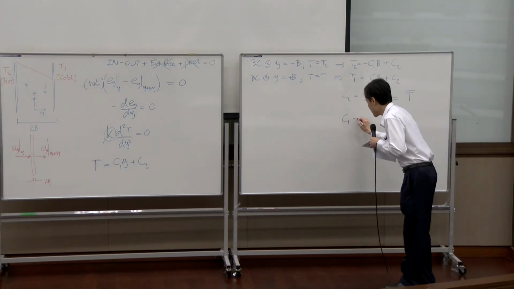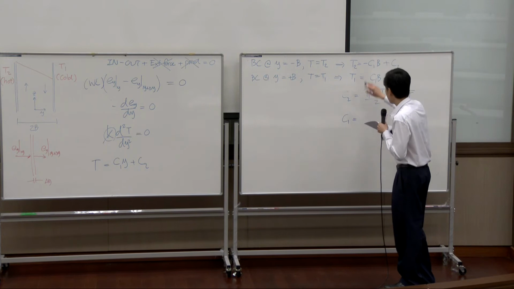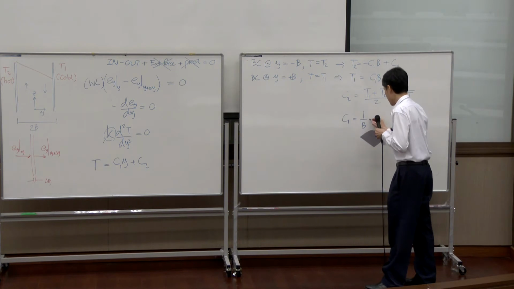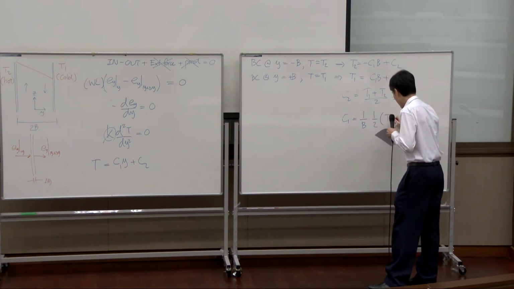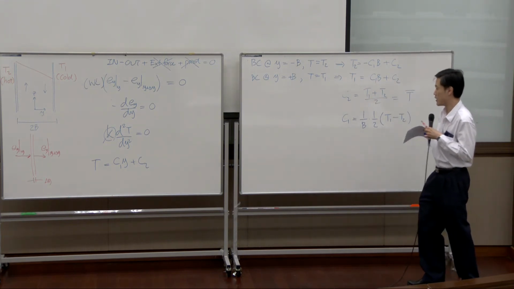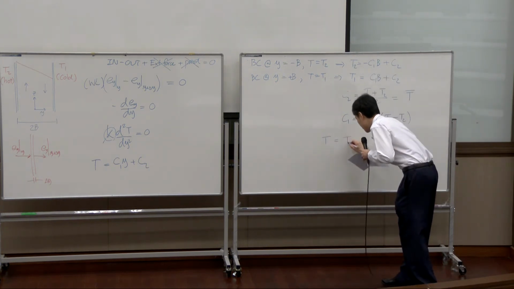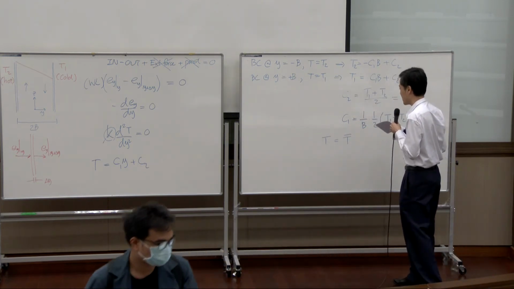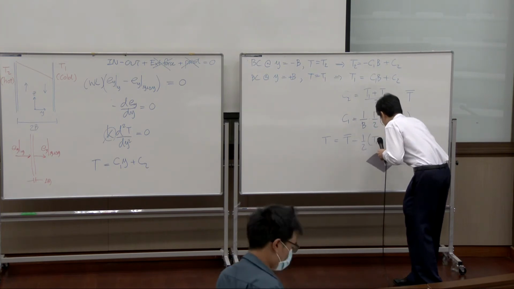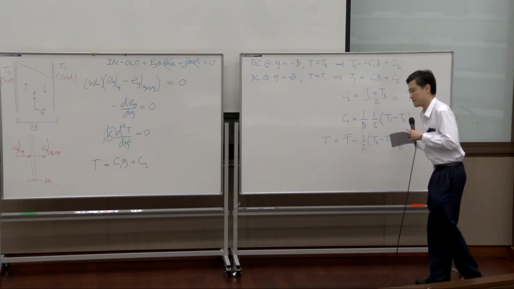Then you can solve for C1. If you plug in and solve for C1, then you get C1 equal to 1 over b times 1 over 2, T1 minus T2. Okay? Replace that into the temperature profile equation. You get temperature equal to the average temperature minus half of (T2 minus T1) times y over b.